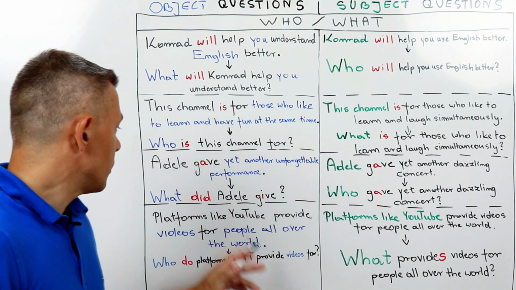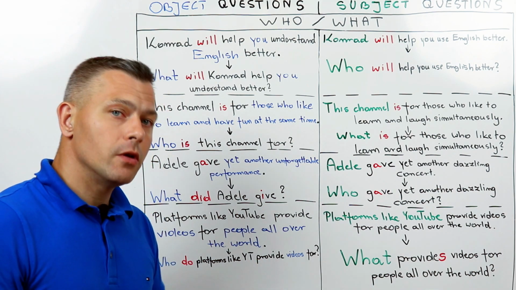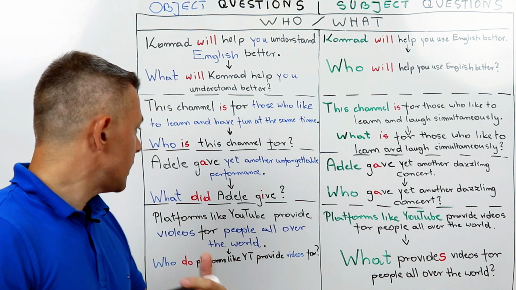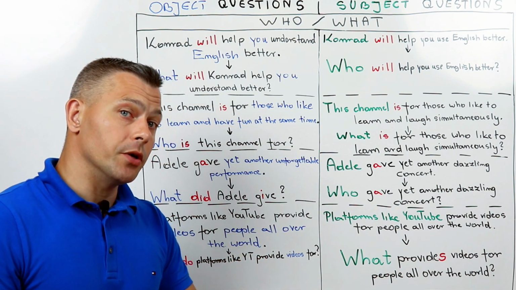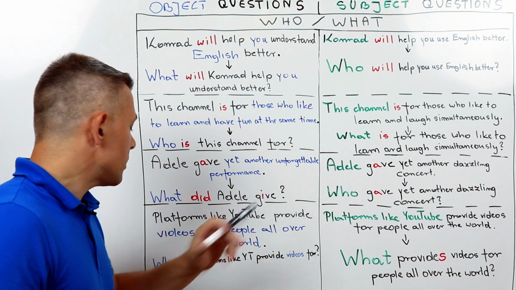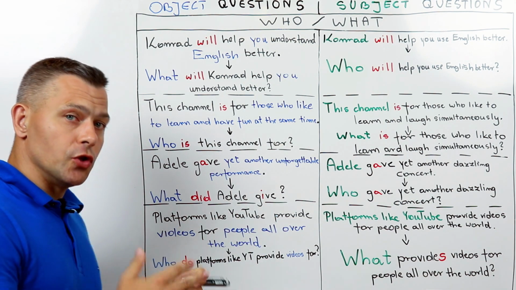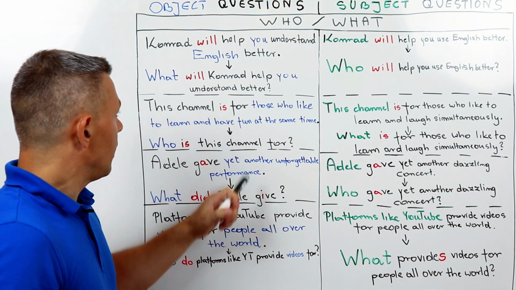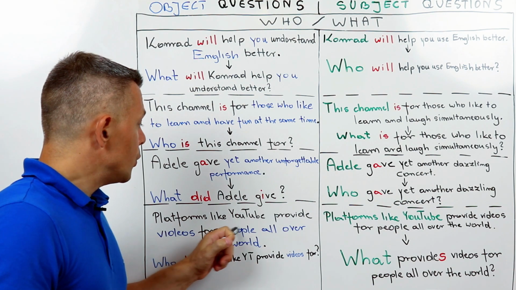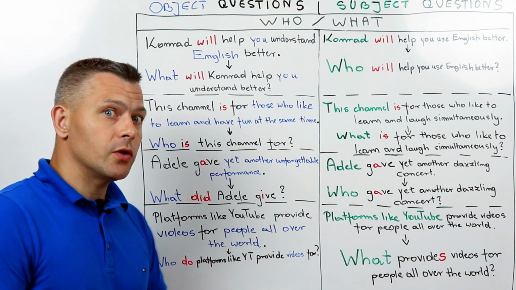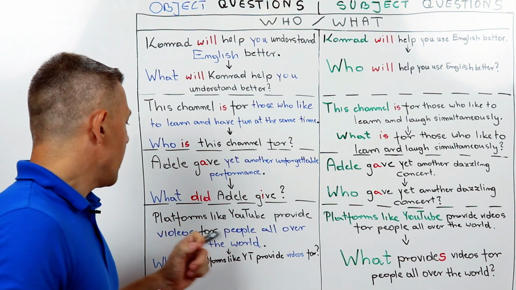Not gave, because did, which is a past simple form itself of do, has taken over the task of showing the listeners or readers that we are in the past. In this bottom sentence, the verb is here, it has its object, which is known to us, but then, like in this example, we have a preposition, for, whose object is a mystery to us. We don't know it, we haven't heard it, we misheard it.